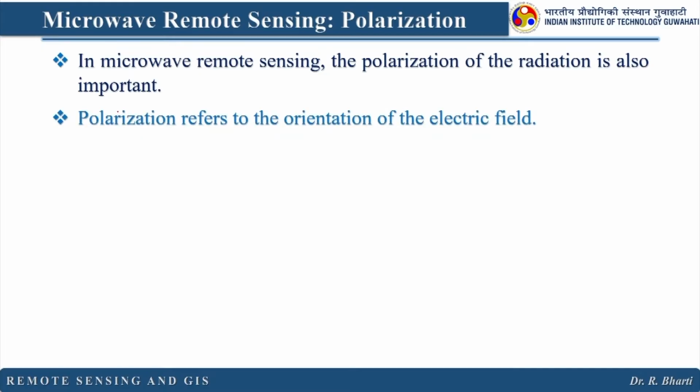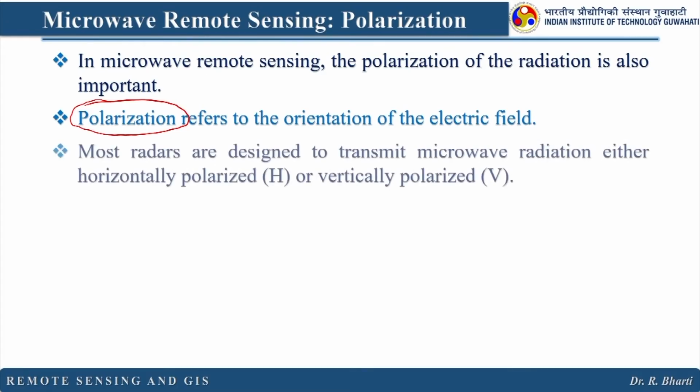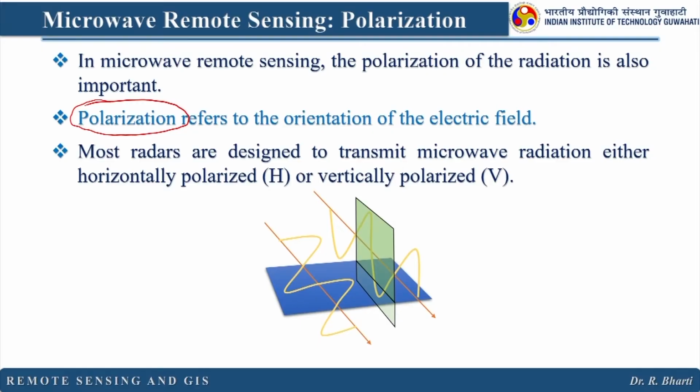So let us first understand this polarization. What do you mean by polarization? Polarization refers to the orientation of the electric field, and most radars are designed to transmit microwave radiation either horizontally polarized or vertically polarized. So I have a figure for you.